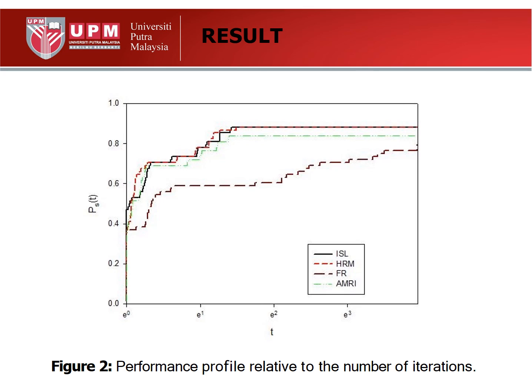Okay, we continue to the performance profile relative to the number of iterations. We can see here ISL is still the winner compared to the other methods, but on the number of iterations it is quite tough competition with the other methods, but ISL still managed to top all of them.